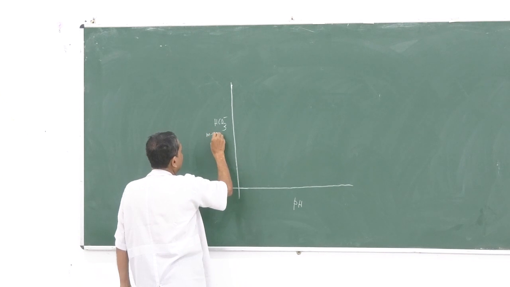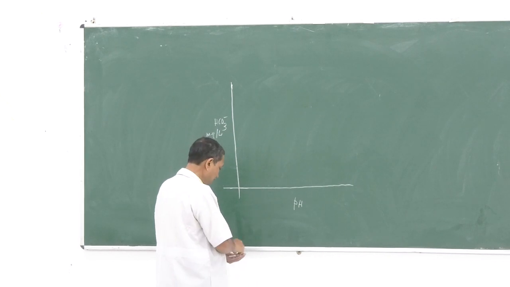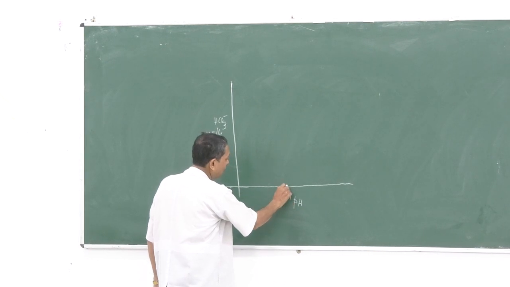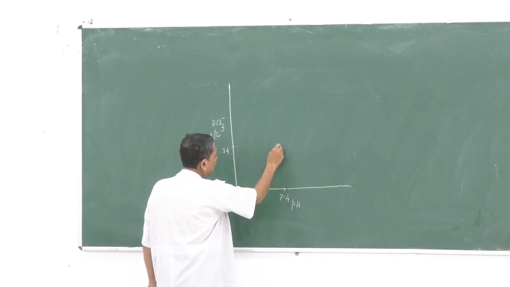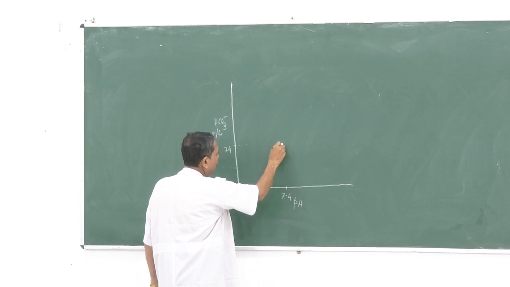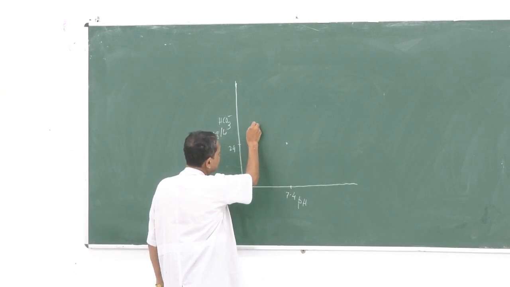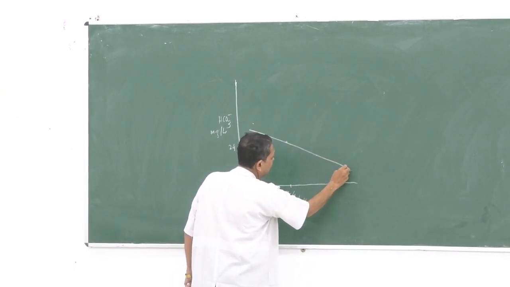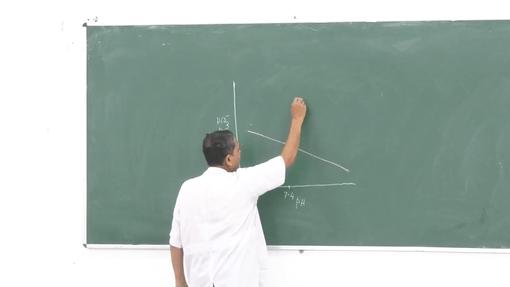Milliequivalent per liter or millimole per liter versus pH. Suppose 7.4 is the normal value, and it is 24 milliequivalent per liter. If you take this point, it is the normal point, and then there is a line like this. It is the blood buffer line, and there are curves like this.